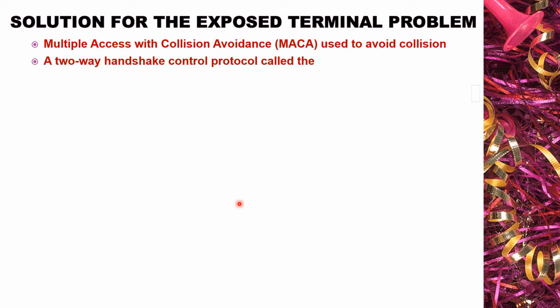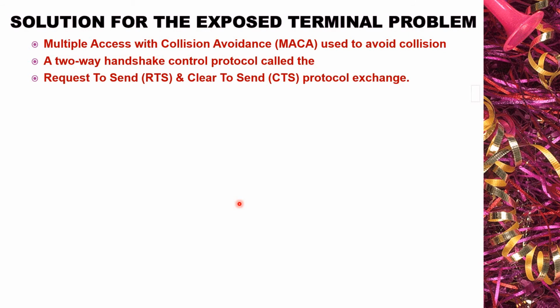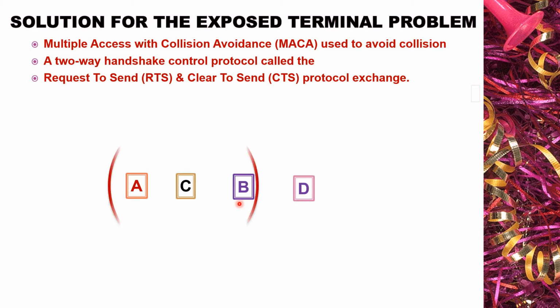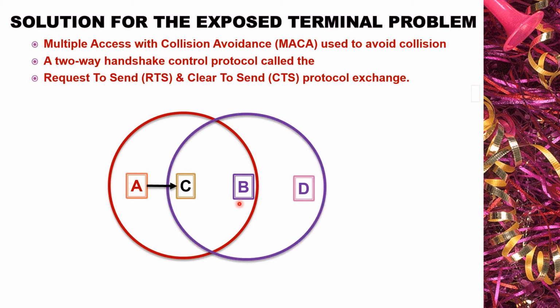As with the hidden node problem, here also we perform a handshaking operation between the nodes. You can consider the same scenario. We have four nodes, and A and C want to communicate together.